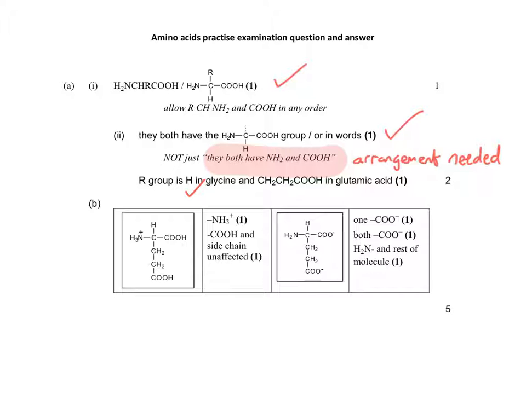The structures we decided are correct, because we got that, and also the fact that COOH are unaffected. And on the next one, we got a mark for each of the COOH being changed into COO-, and NH2 and the rest of the molecule unchanged.